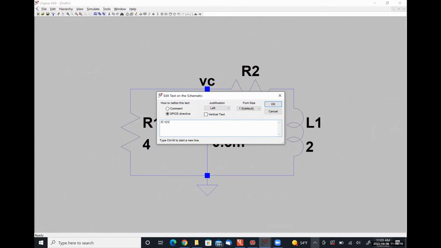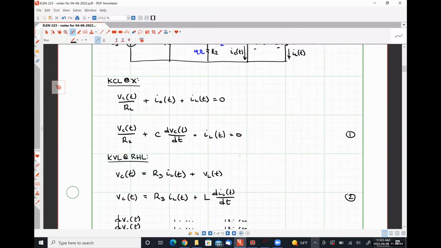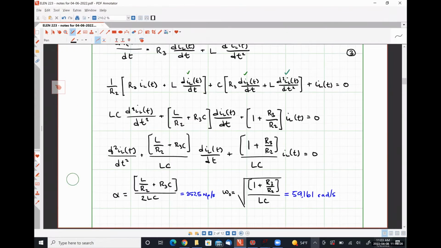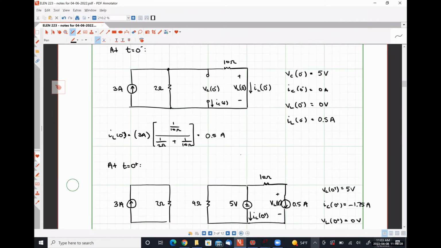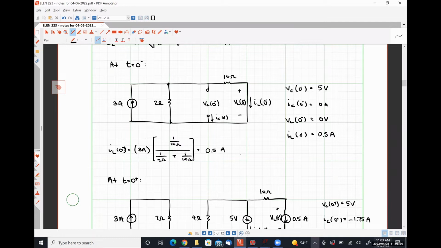So the voltage at node VC is going to be equal to, let's see what we found at t is equal to 0 minus. So at t is equal to 0 minus, the voltage drop across the capacitor was 5 volts. And while we're here, the current flowing through the inductor was 0.5 amp.